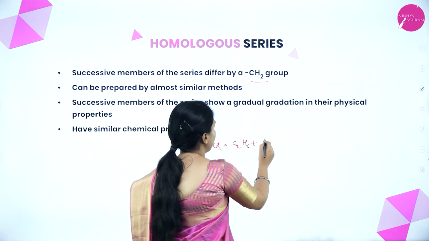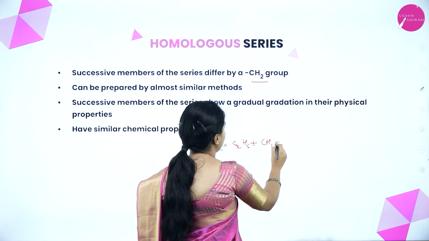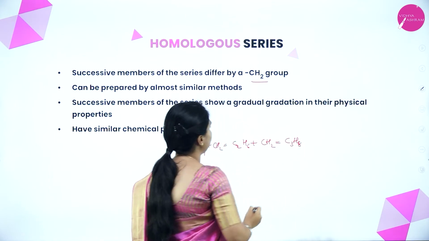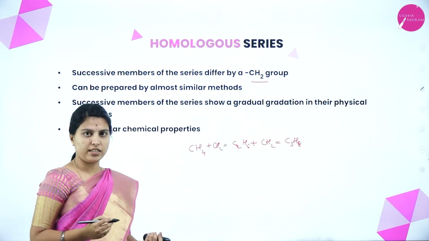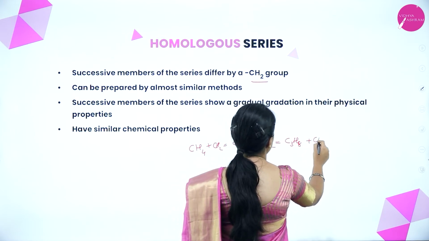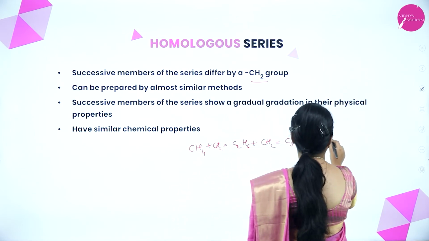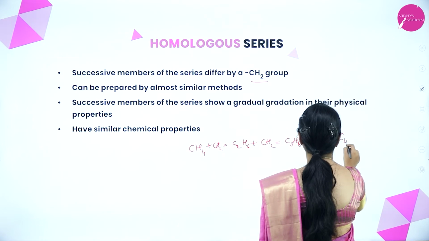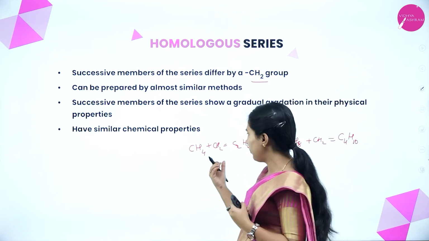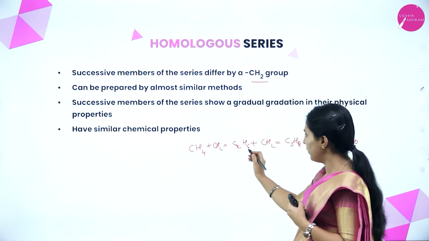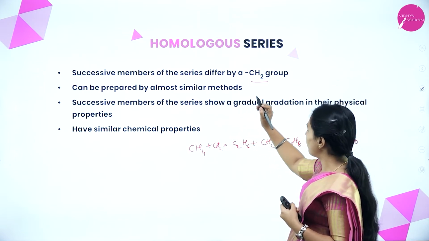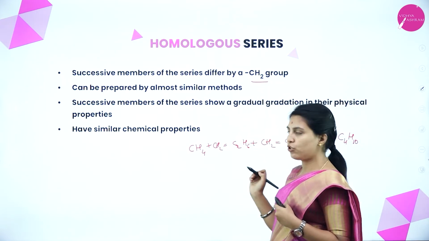If you add CH2 again, it becomes C3H8, the next successive order. Again, if you add CH2, it becomes C4H10. If you keep on adding CH2 groups, it comes in the next order. That's why successive members of the series differ by a CH2 group.